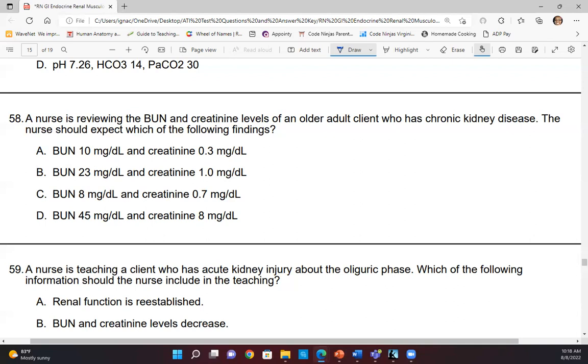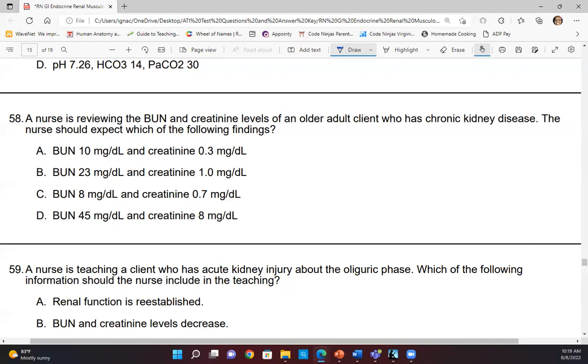Well, I know right off the top that if this patient has chronic kidney disease, I would expect their BUN and creatinine levels will not be within the normal range. Okay, so I'm seeing some answer choices between B and D. That's really excellent that you're able to narrow it down to two possible choices.